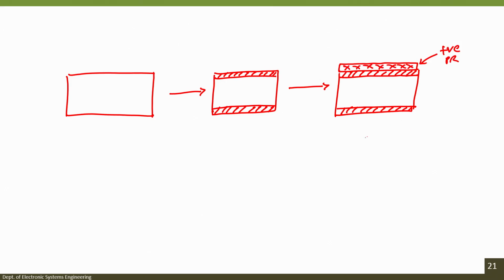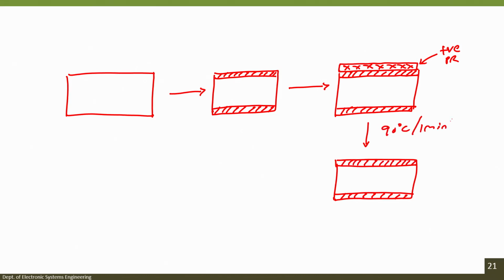All right. Next step is you have to do a soft bake at 90 degrees centigrade for 1 minute on a hot plate, and then you can load the mask and expose the wafer.